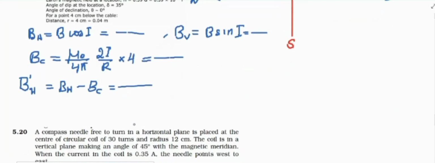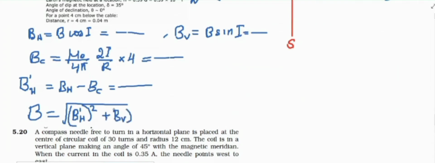Then you can find the Earth's total magnetic field there. The total magnetic field B is equal to the square root of the horizontal component BH dash squared plus BV squared. BV will be the same; there is no change for BV. So you will get the total magnetic field below the cable.